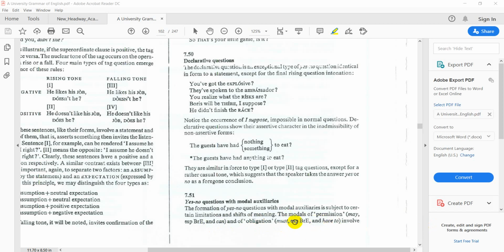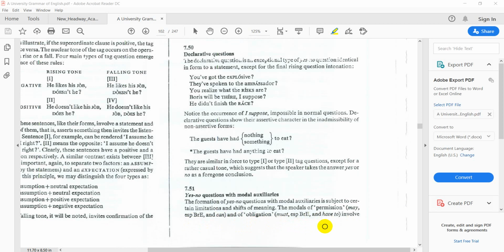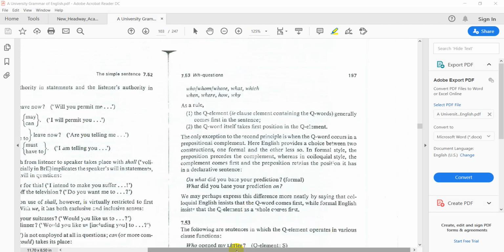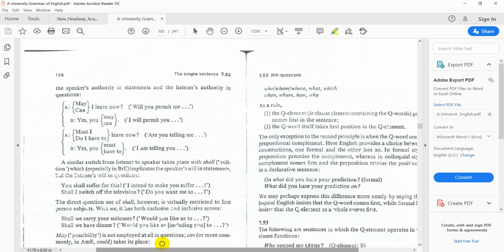The modals, for example, of permission, which are may, especially in British English, and can, and also of obligation, for example, must in British English, and have to, involve the speaker's authority in a statement and the listener's authority in questions.